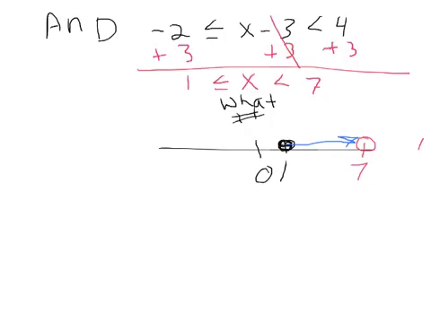All of these are less than 7, going this way. Because it is an "and," I have to have the place where it includes both of them. So it is just this part here. Even though these arrows go on forever, we're only looking at the intersection, the "and" part, where they are both connected.